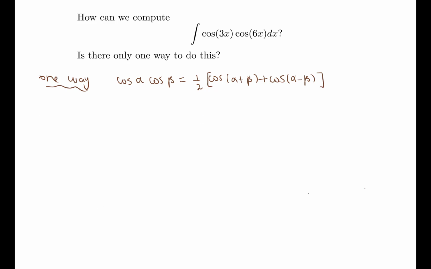So suppose we use the fact that the product of cosines corresponds to half the cosine of a certain angle plus the cosine of another angle.